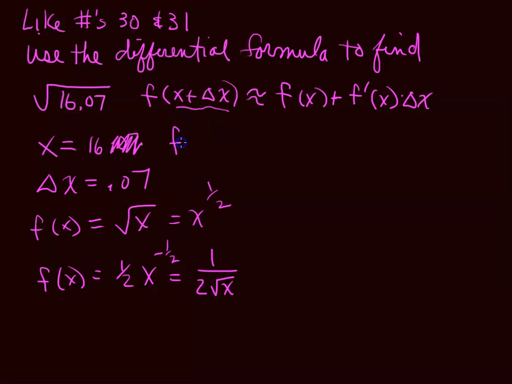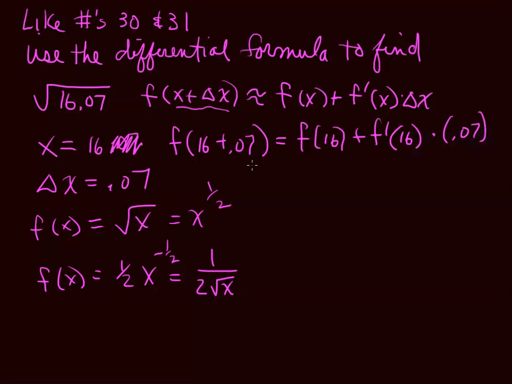So this is f of 16 plus 0.07. And that's f of 16 plus f prime at 16 times 0.07. Let's see, f of 16 is just the square root of 16.